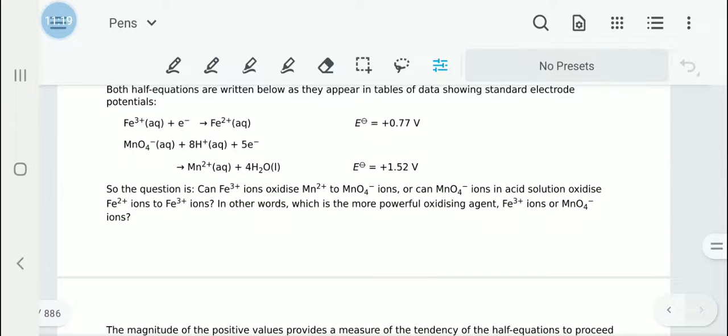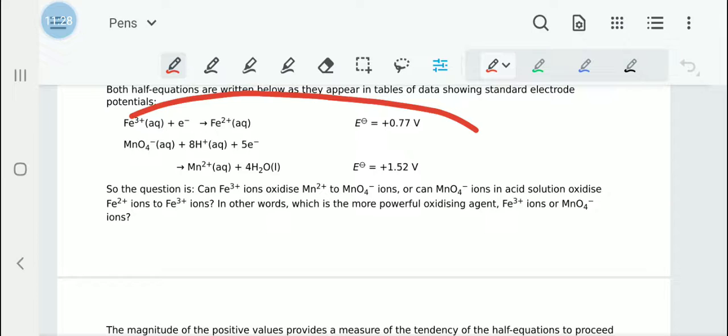When their E standard values are taken, write down these two equations and their E standard values, please. After you write down, write this.